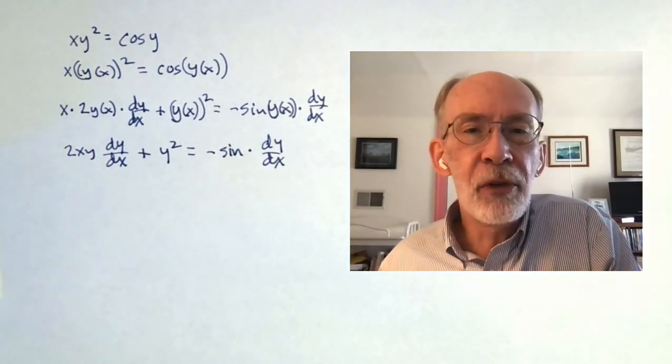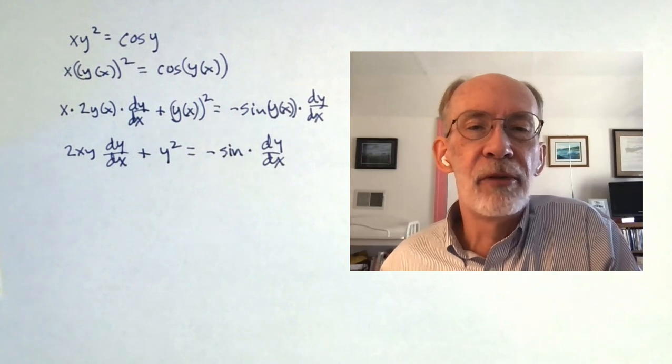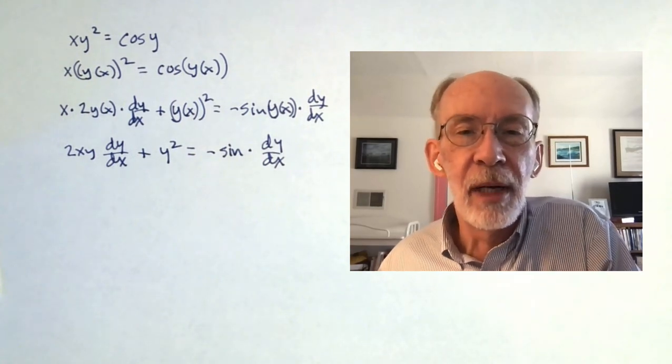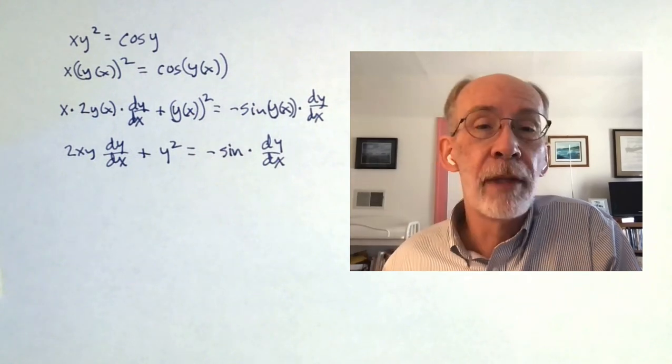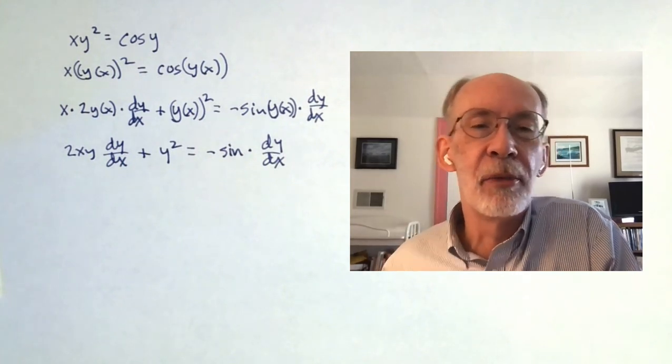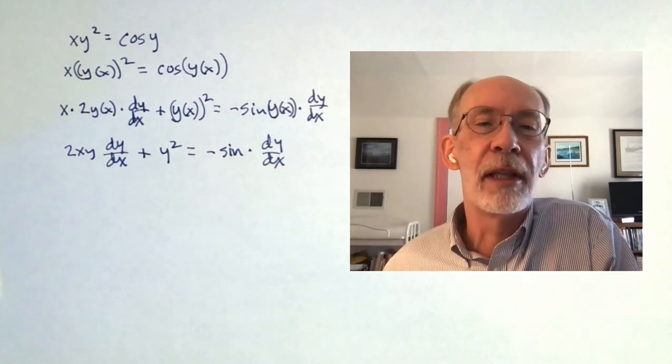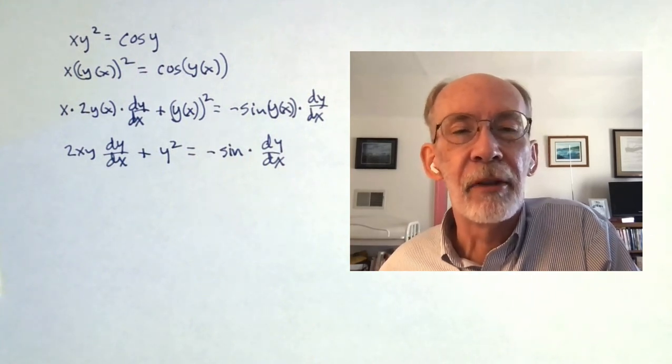Now, this is the way these things tend to come out. You have terms involving the derivative dy/dx. You have terms that do not involve the derivative dy/dx. And so you just haul all the terms that involve a dy/dx as a factor to one side of your equation, haul all the other terms to the other side, factor and divide.